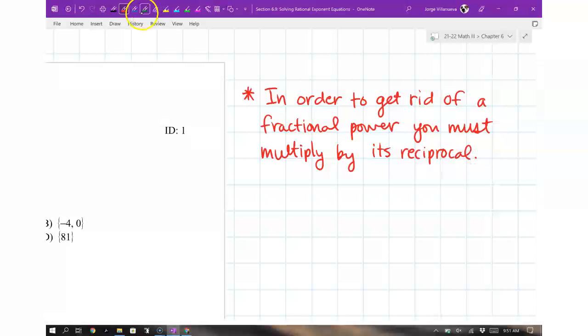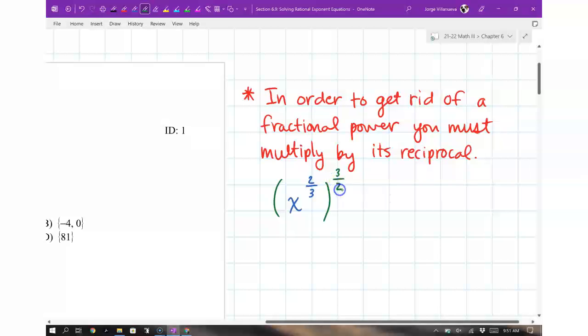In other words, if you had, let's say, x to the 2/3, what you want to do is raise it to a power of 3/2. So notice 2/3, if I flip it, it becomes 3/2, right?